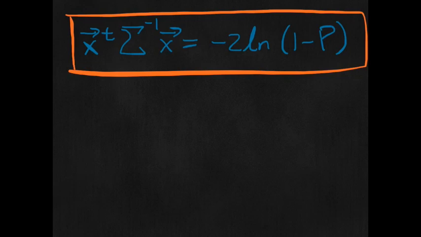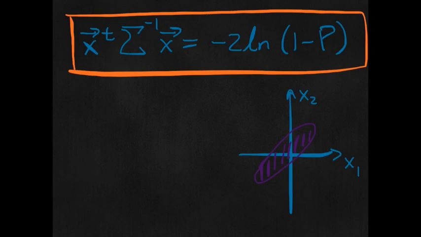So what that tells you is that if you have an error covariance sigma and you would like to draw the region in this correlated measurement space of x1 and x2 that encompasses a particular probability, simply insert that probability into this p here, and that's the equation of the ellipse that you need to draw.